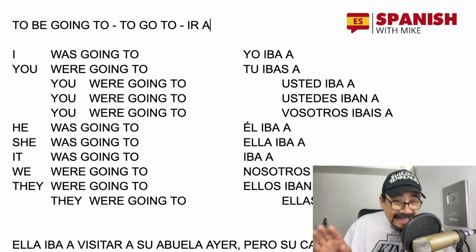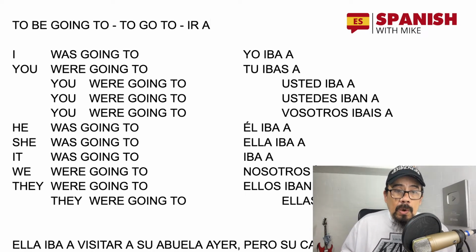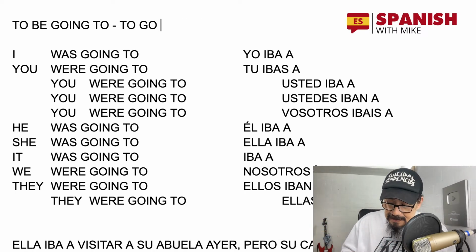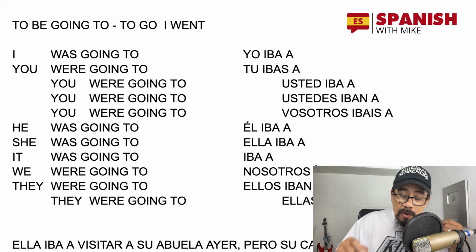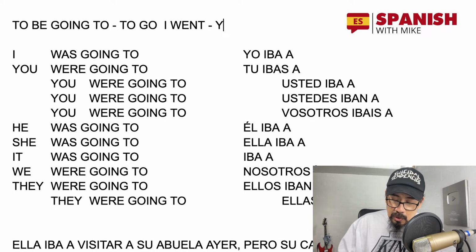ir a. That's it. So if I'm talking about the verb to go, which is ir, if I say "I went," right? Because that's the past of to go, I can say yo fui or yo iba.